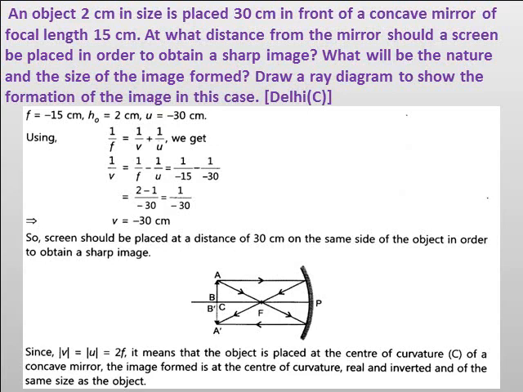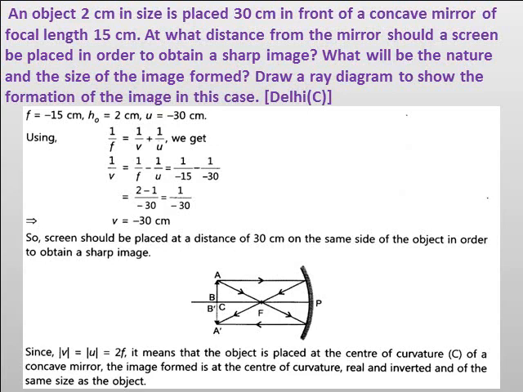So, when the object distance is equal to 30 centimeter, image distance also should be 30 centimeter. So, this concept we get without using the formula, without calculation, with the diagrammatic knowledge, we get V is equal to minus 30.